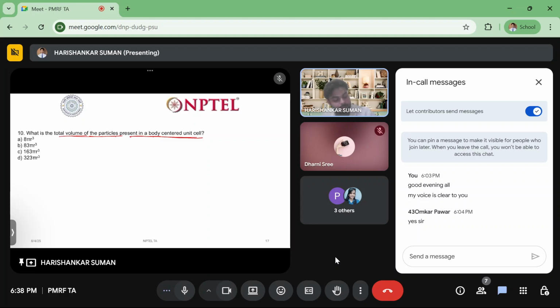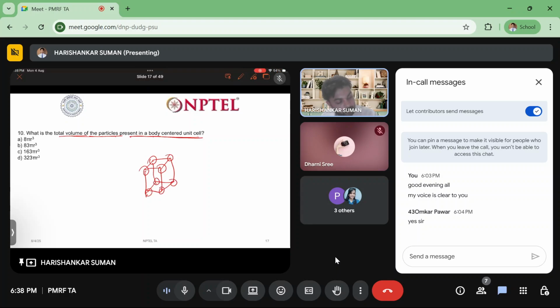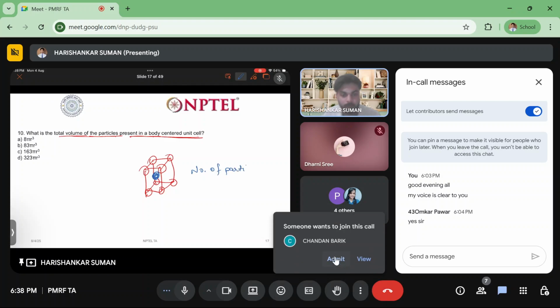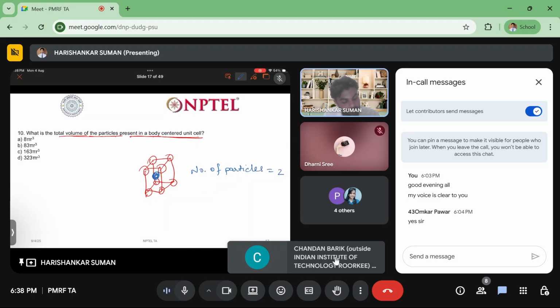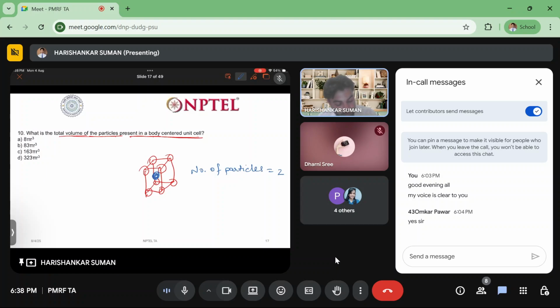Yes, please find out. In body centered, we have 8 corner atoms, and one more at the body. So the number of particles is equal to 2. Now we have to find the volume of these particles.